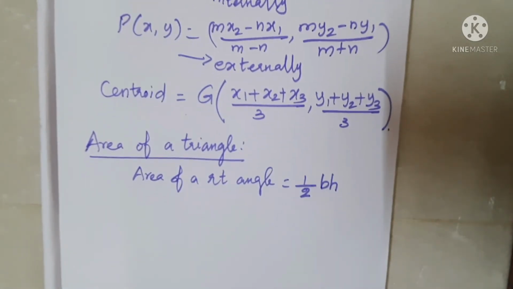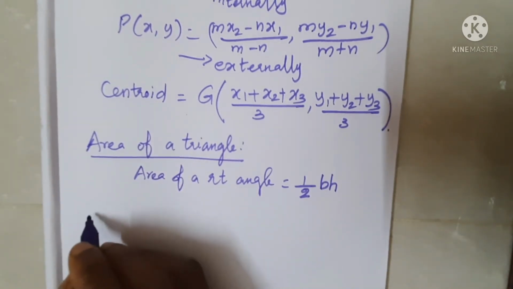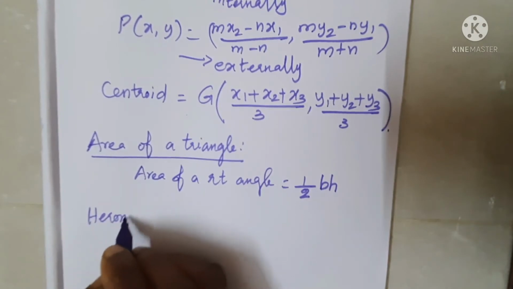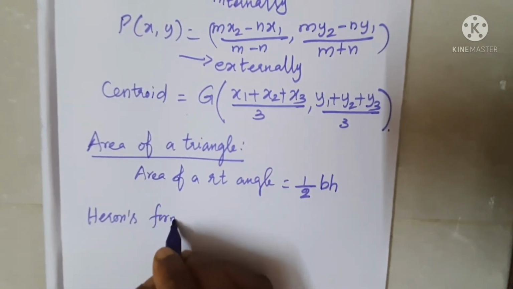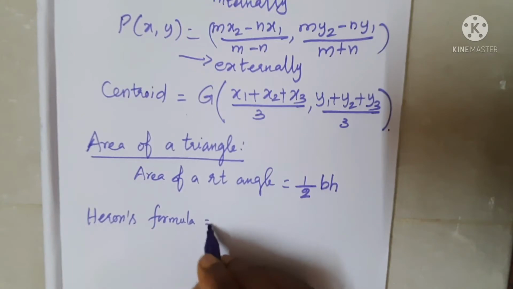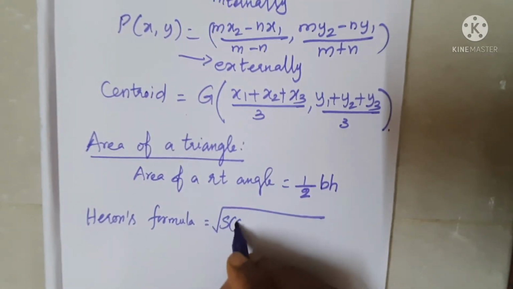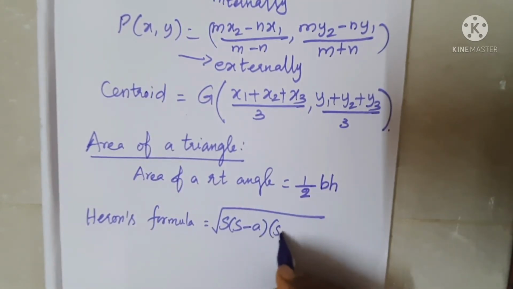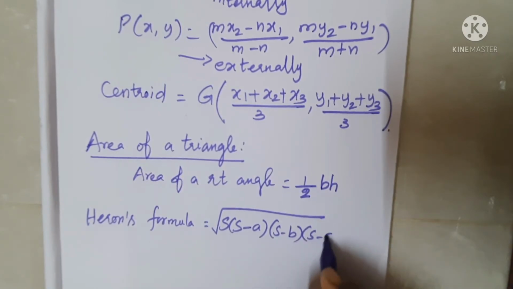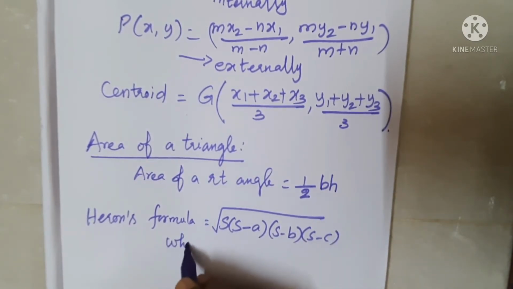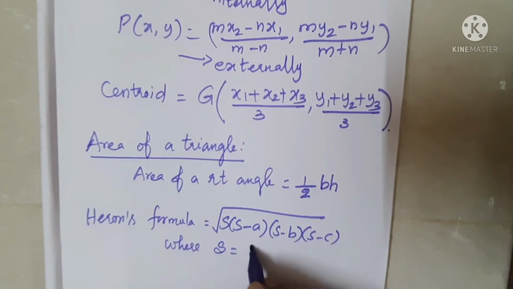For the area of a scalene triangle, one formula is Heron's formula, which you also learned in 9th standard. Heron's formula says the area is root of s into (s minus a) into (s minus b) into (s minus c), where s equals (a plus b plus c) by 2.